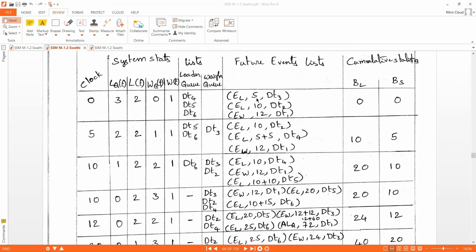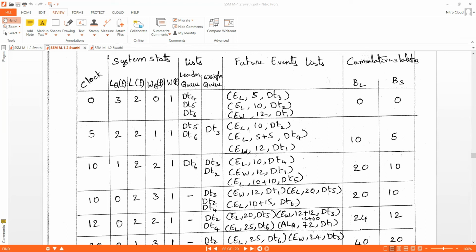So we have advanced the simulation clock from 0 to 5, as L, 5, DT3 is the most imminent event.